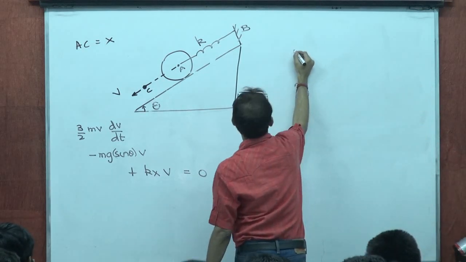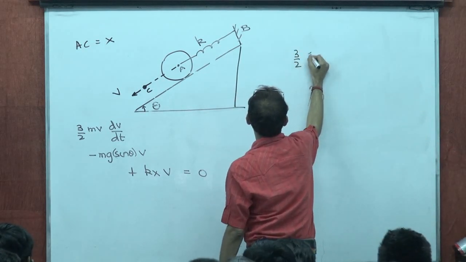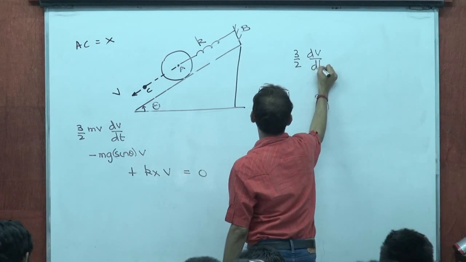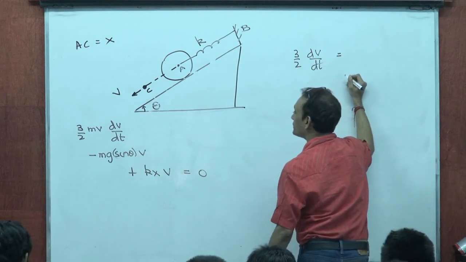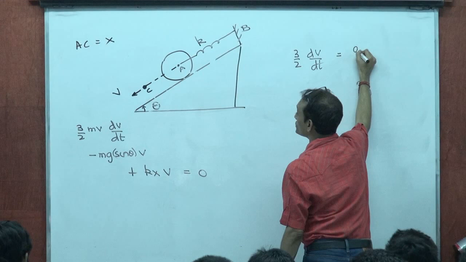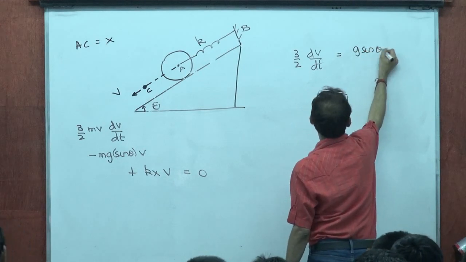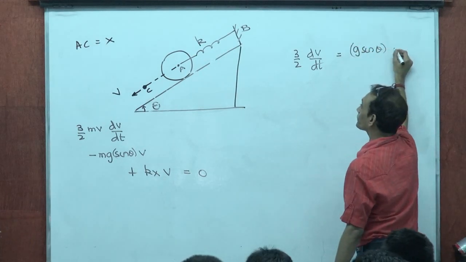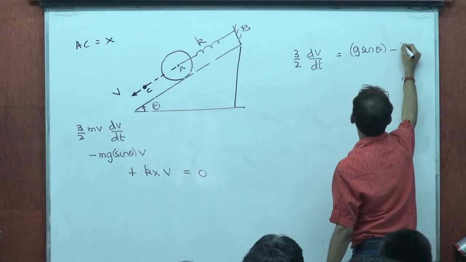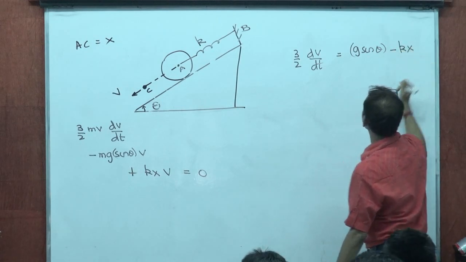Which means 3 by 2 dV dt, which is the acceleration, must be g sine theta minus kx by m.